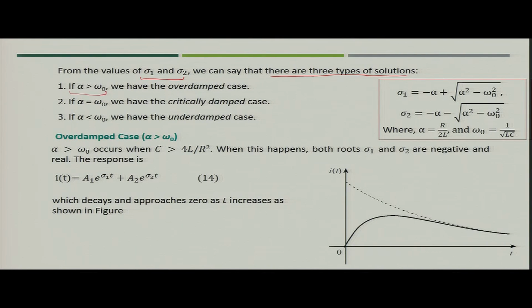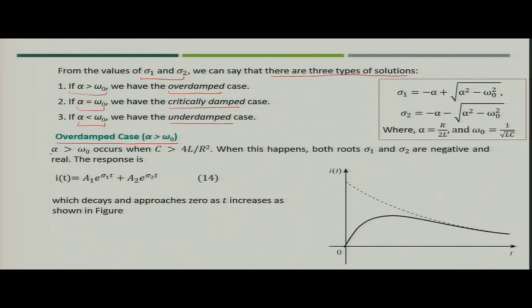One is when alpha is greater than omega naught. In that scenario we say this is an overdamped case. When alpha is equal to omega naught, we say this is a critically damped case, and if alpha is less than omega naught, we have the underdamped case.